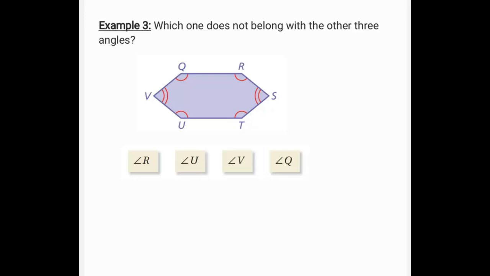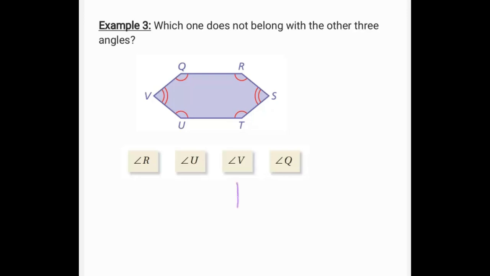In example 3, which one does not belong with the other three angles? Go ahead and look at the angles. Notice that there are some angles that are different. In the letters below, is it possibly angle R, angle U, angle V, or angle Q that is different?